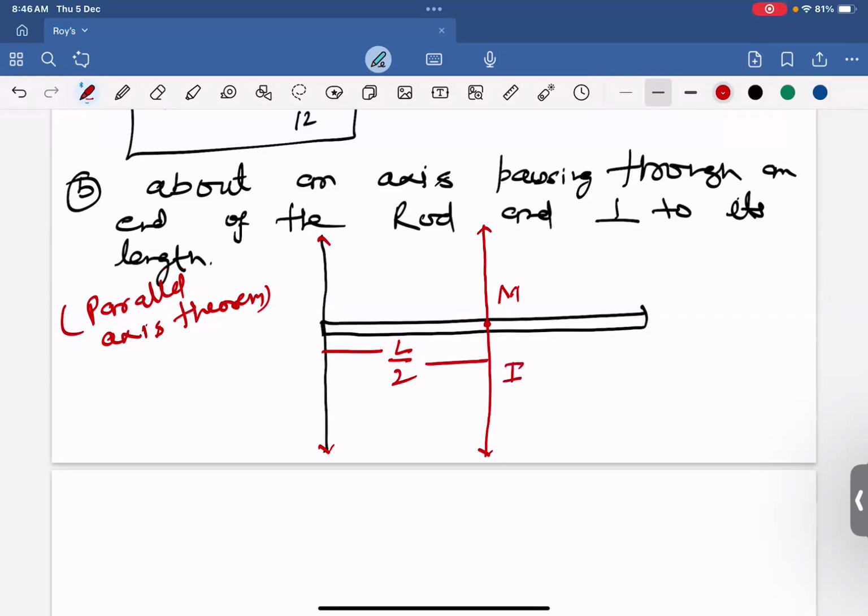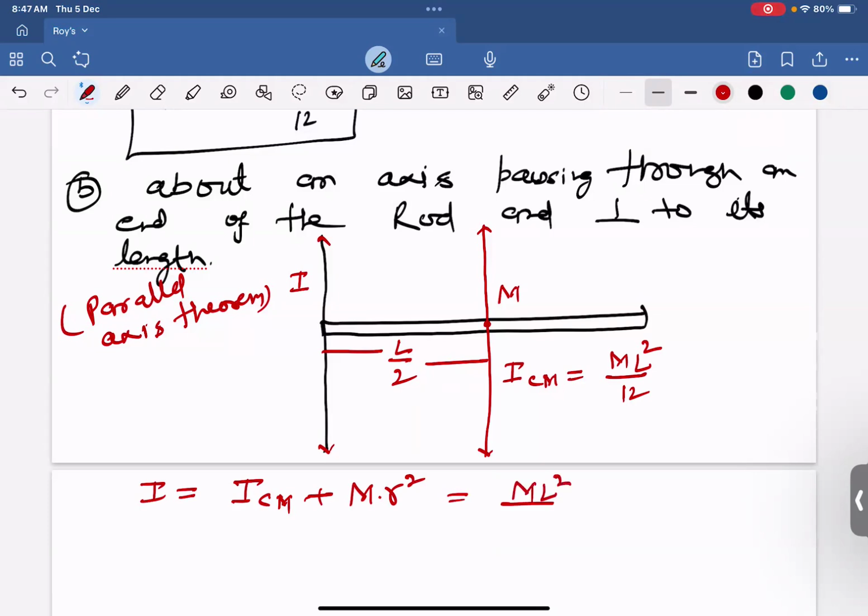Now, about the center of mass axis, I know the moment of inertia. I have just calculated it. It is ML squared by 12, and this one we have to find. So what I'll do, Neil, is use the parallel axis theorem, which says first write the moment of inertia about the center of mass, and then take the total mass and whatever the distance between these two axes is. So here it is ML squared by 12, and this is M, and r I can take as L by 2 squared.